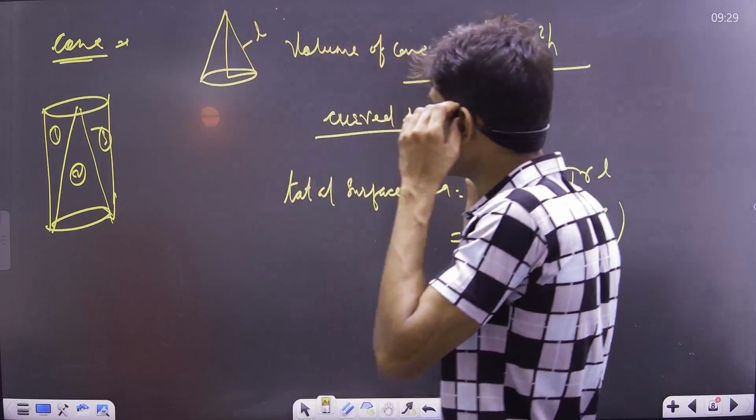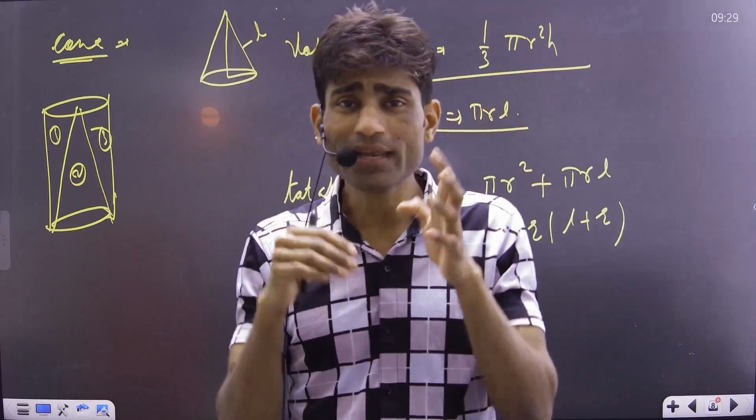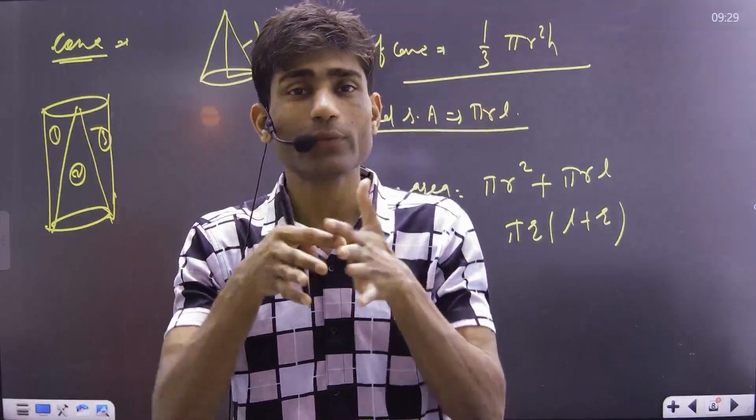After the cone, we have the sphere and hemisphere. If we join 4 cones together, we get the sphere.